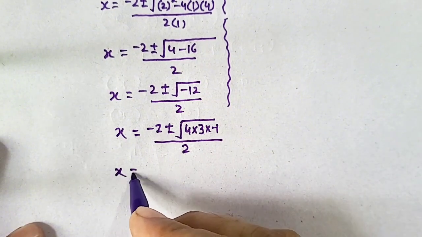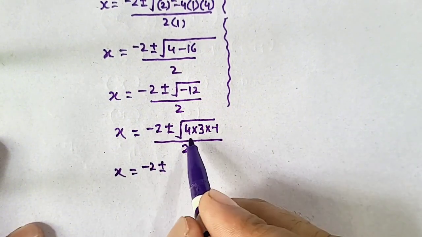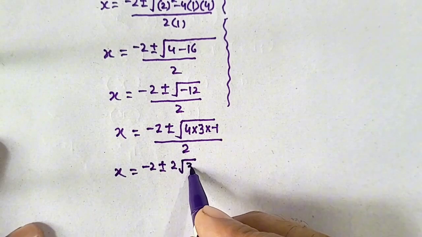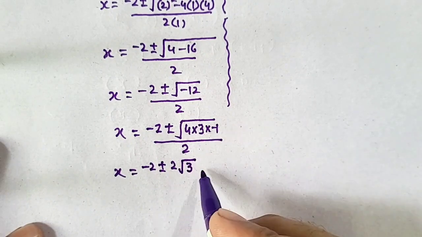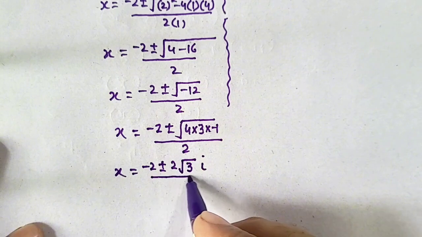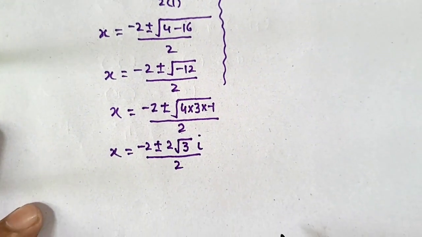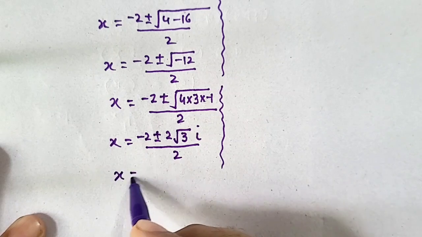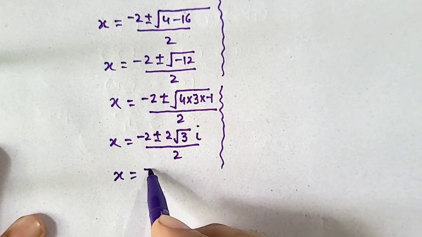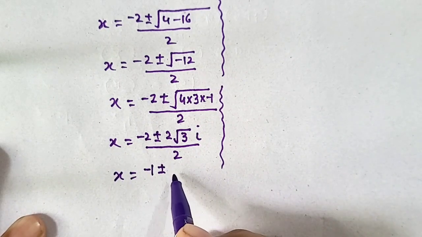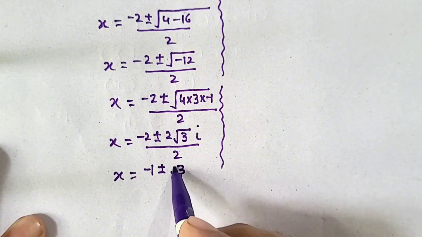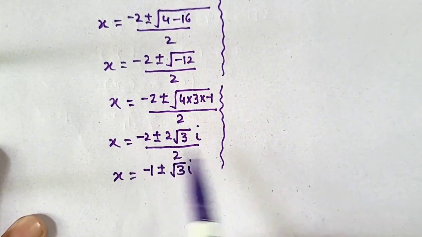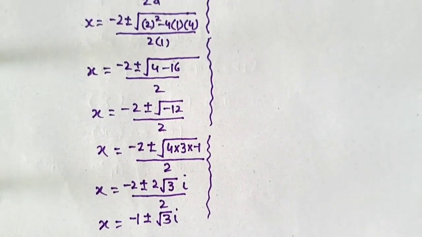So we will get minus 2 plus minus square root of 4 is 2, the square root of 3 as it is, and square root of minus 1 is iota, divided by 2. Now taking 2 as common, we will get minus 1 plus minus square root of 3 iota, because after taking common, this 2 is cancelled with the above 1.